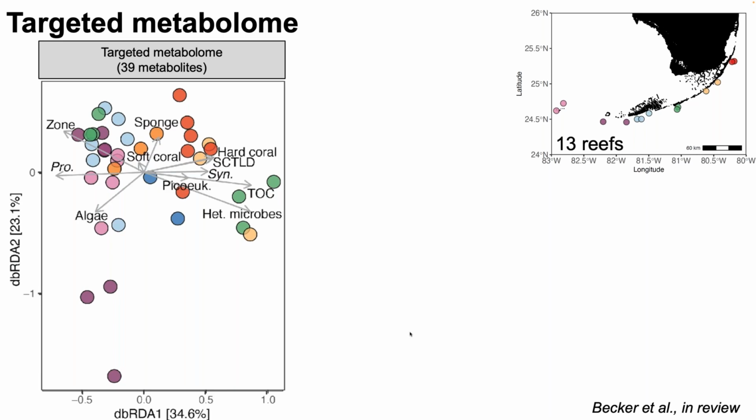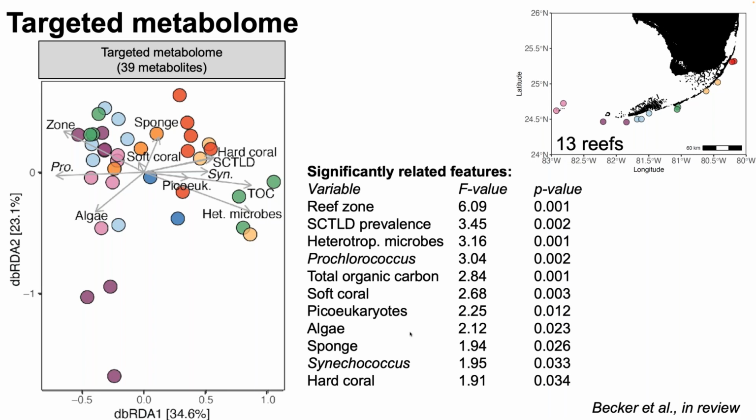When we overlay the features, there are actually quite a few that are significantly related to the targeted metabolome. Just like with the microbiome, reef zone was the most significant, but then we have a variety of both microbial, environmental, as well as reef-based features, so the soft coral and the sponge and the hard coral.